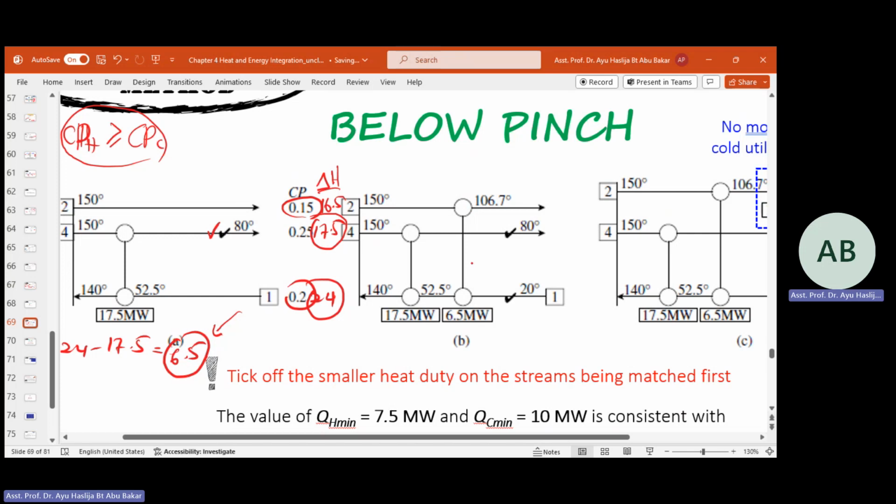Now stream 2 transferred 6.5 more. So stream 1 now is equal to 24 megawatt. Fully transferred. So stream 2, since it transferred the 6.5, now remains 10 megawatt.